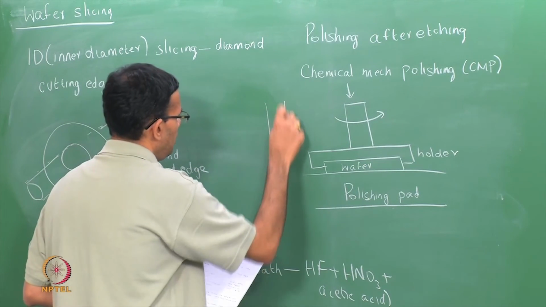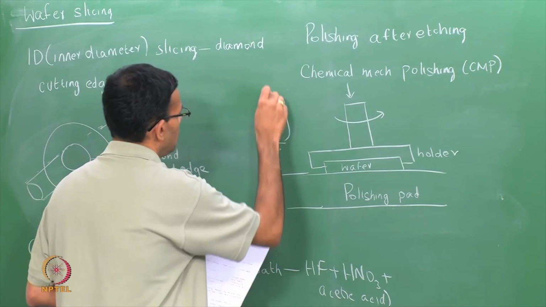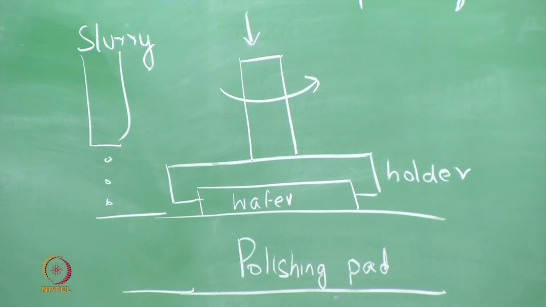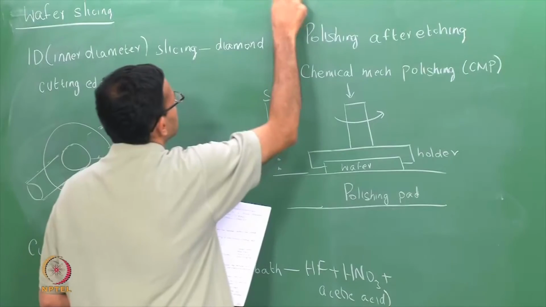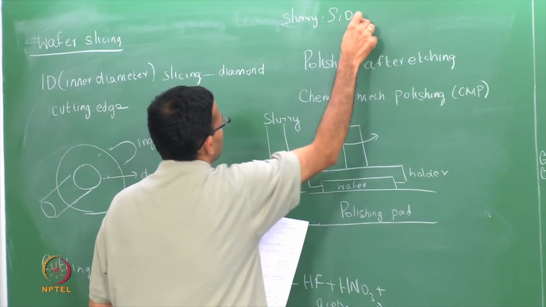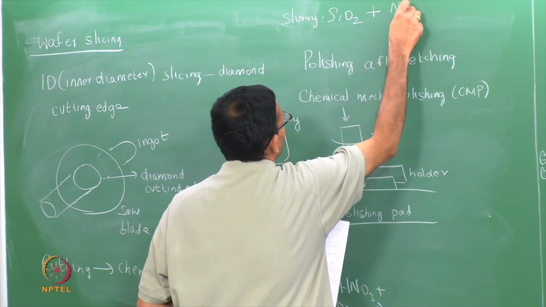There is a slurry. The slurry is some liquid with dissolved particles. In this particular case, the slurry used is SiO2, usually dissolved in NaOH.